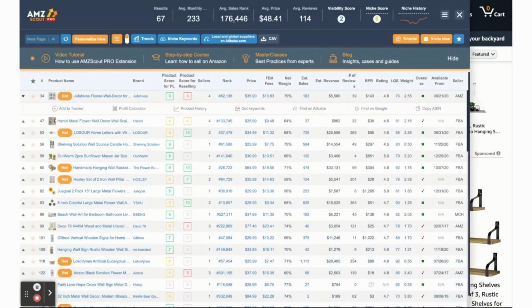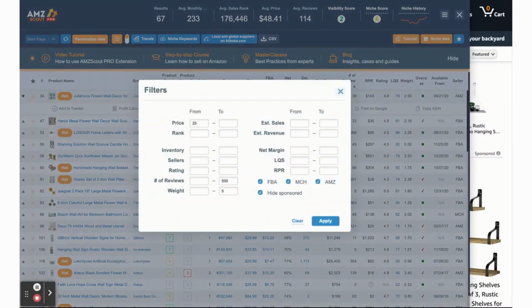And once I am on the Chrome extension, I'm going to want to filter the results based on the criteria that I have talked about. So I'm going to click on this icon over here, which lets me filter the results. As I have talked about, I like to look at items that would provide me higher profit.